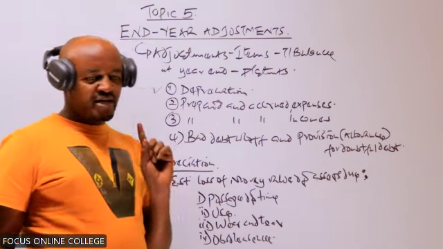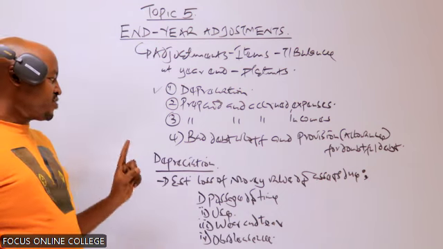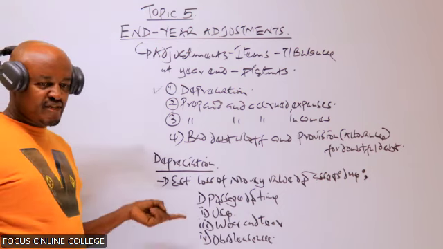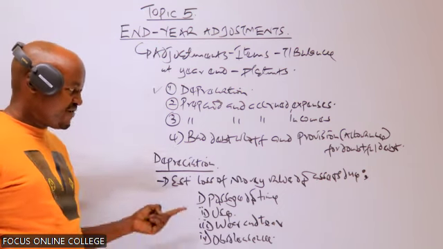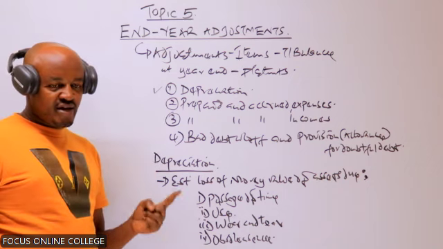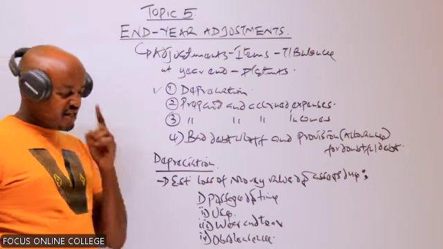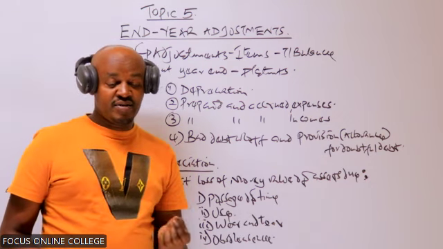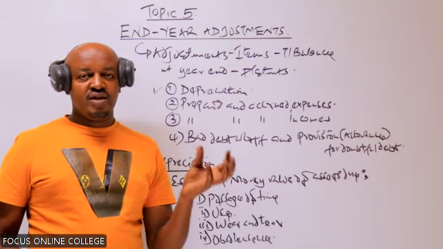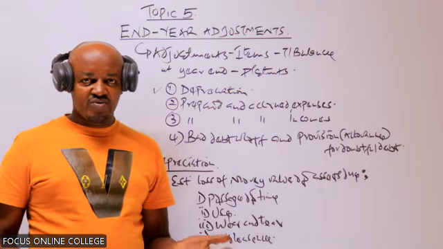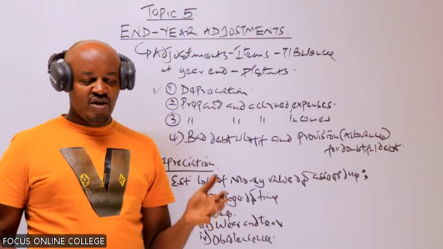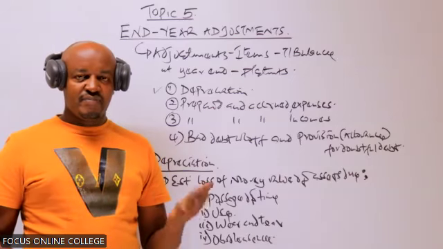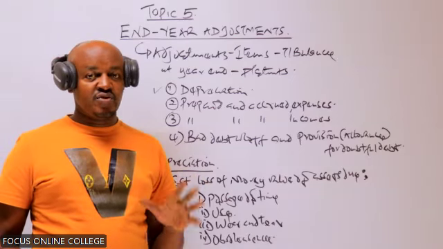At the end of each year, the business should estimate the loss of money value of the asset, and that loss should be recognized as an expense when the business is computing the profit or loss. Generally, assets lose value because they are being used in the business in generating income.